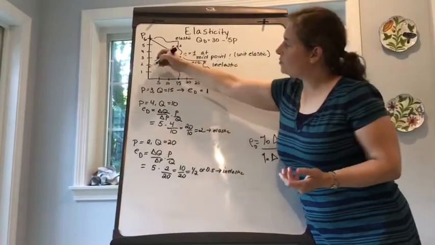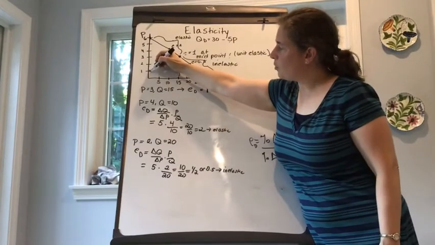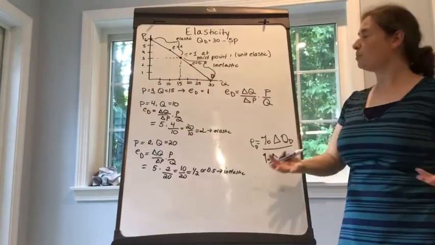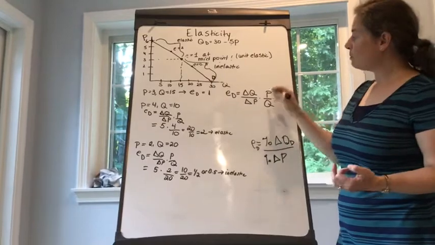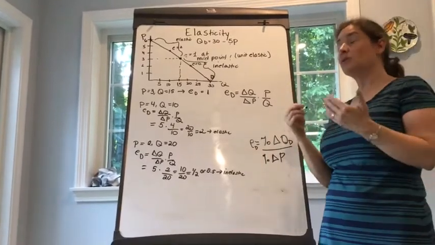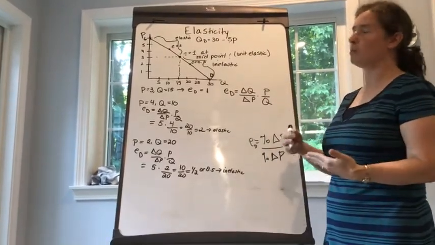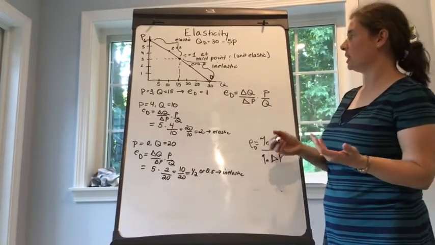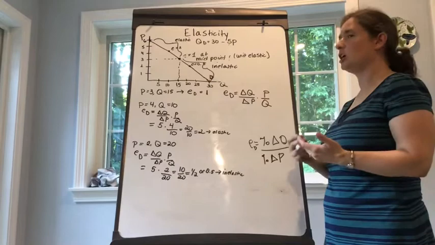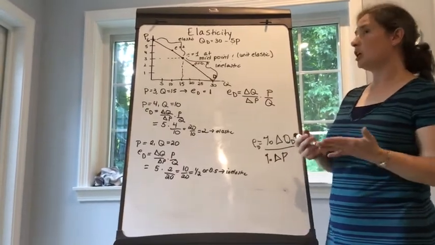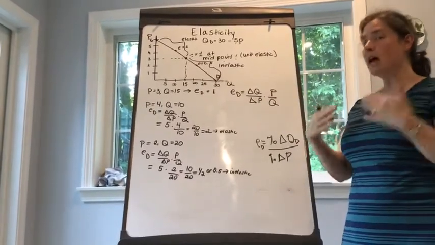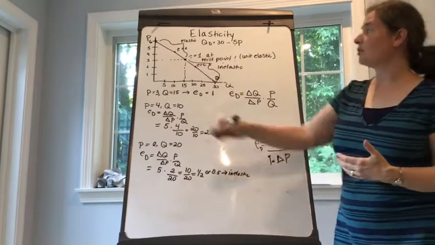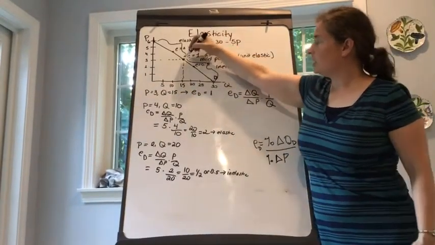But that involves a price drop from 1 to 0, which is a 100% price drop. So my percent change in quantity looks relatively small compared to my percent change in price. And that fits the inelastic definition, or less sensitive change in quantity given a change in price. So that's a naturally occurring phenomenon we'll see for any linear demand curve.